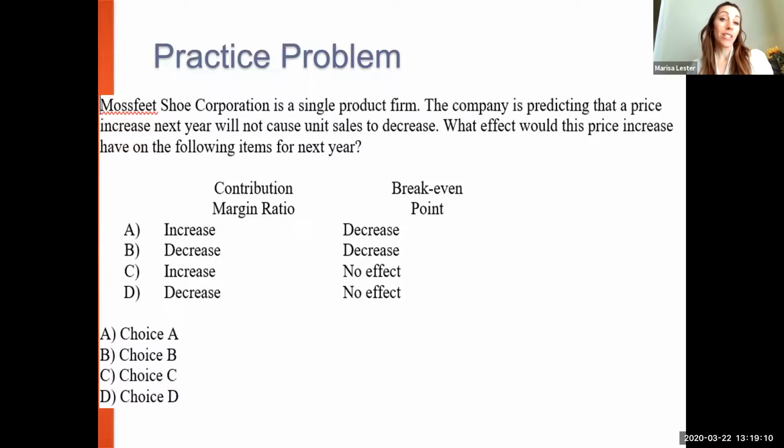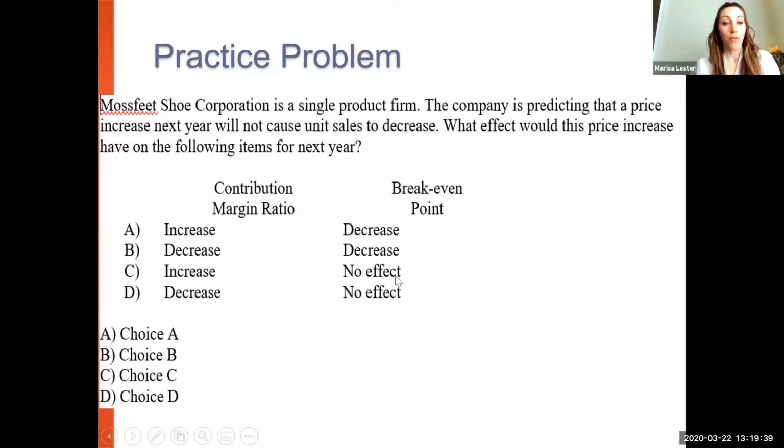And when you're increasing your sales price and your fixed cost per unit is staying the same, your contribution margin per unit is increasing, right? What you're making after you take out your variable costs. And if your unit contribution margin is increasing, your CM ratio is increasing, right? CM ratio is contribution margin divided by sales. So my contribution margin ratio is increasing.